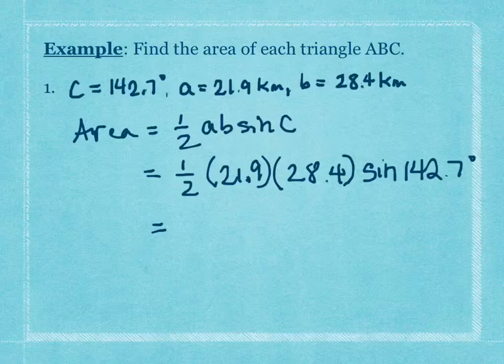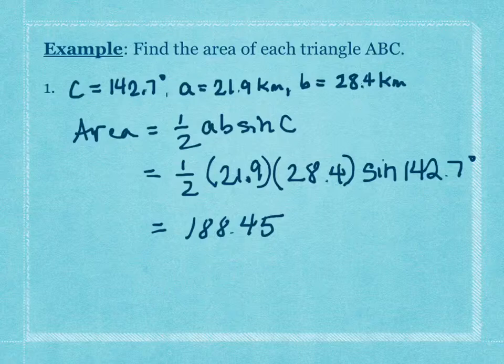So if we multiply everything out with 2 decimals of accuracy, what's the numerical value that you get? 188.45. What are my units? Ah, good, somebody said it. Kilometers is correct, and then I actually need them squared. Why? It's area.